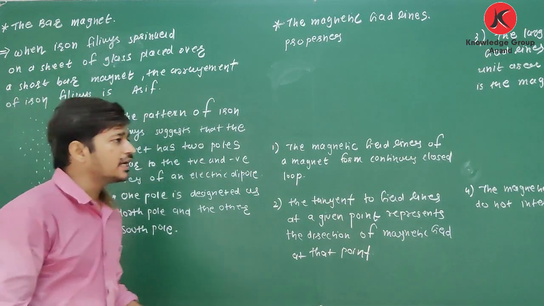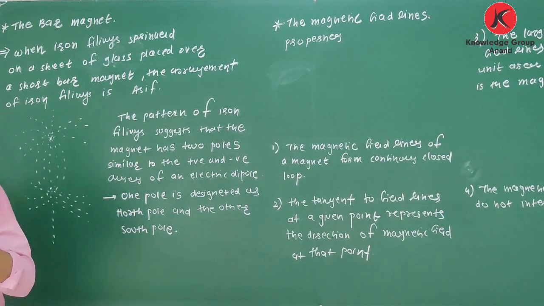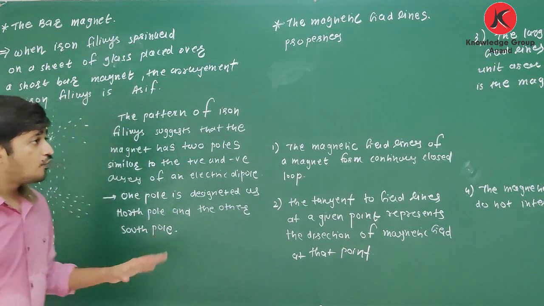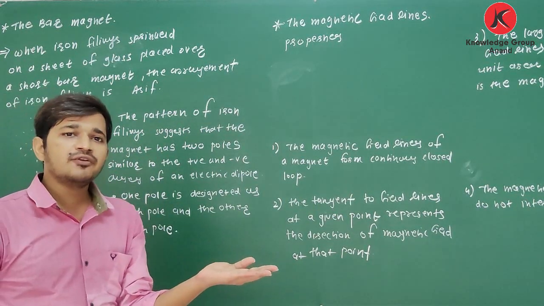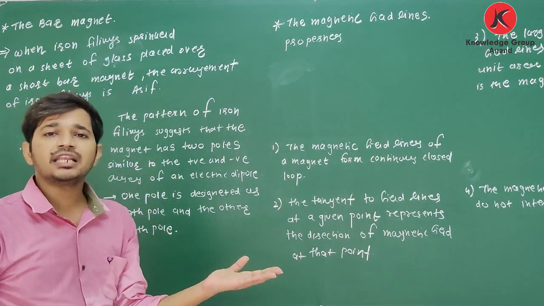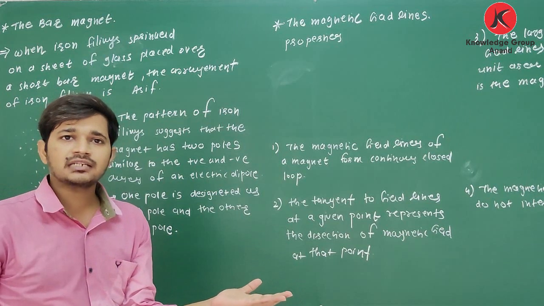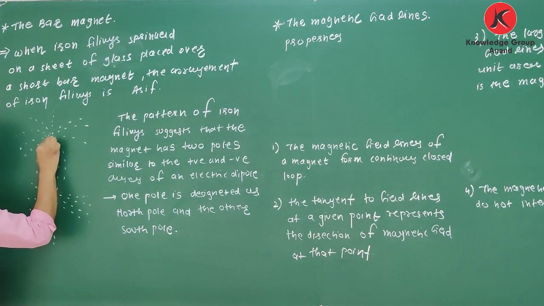Okay, bar magnet. What is a bar magnet? You know what a bar magnet is. In an experiment you may have observed, when we take a bar magnet, a glass sheet is placed over it, and we sprinkle iron filings, iron dust, on that and tap the glass surface, the iron filings are arranged like this.